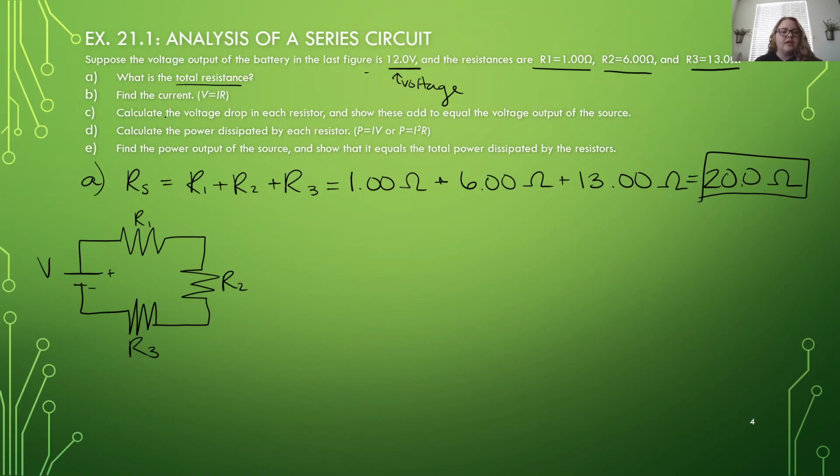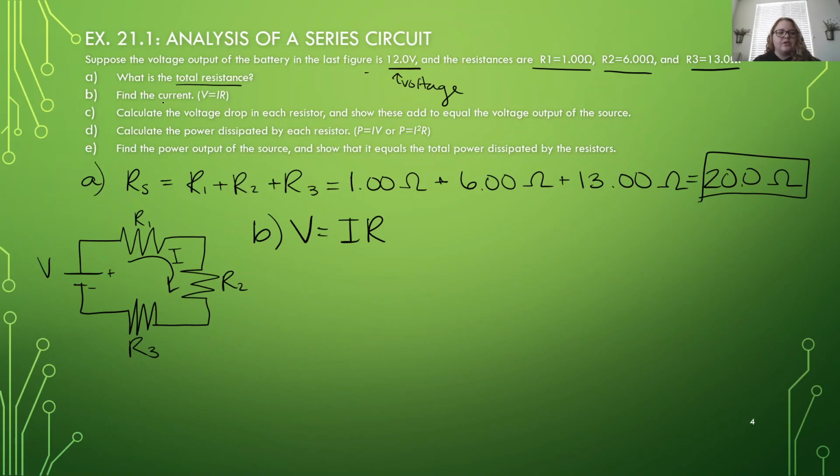Okay. Now we want to find the current. So this is going to be the overall current of our system here. So our current, we're going to say, is in this direction, since that's what it has in the diagram. So remember that voltage is equal to I times R, our resistance.